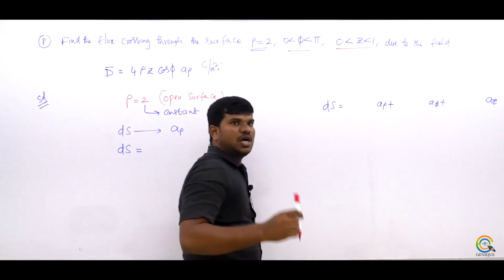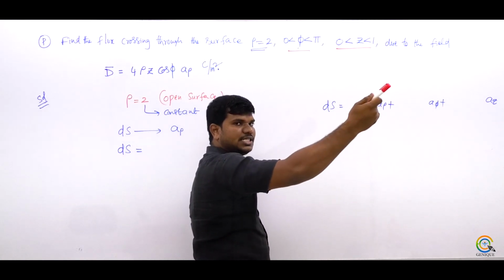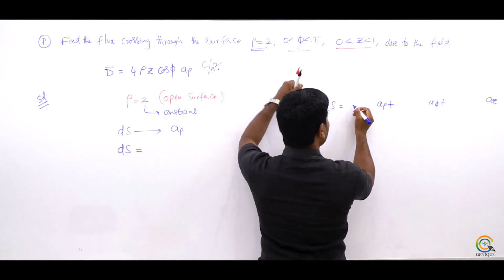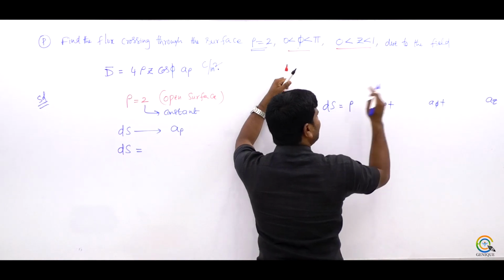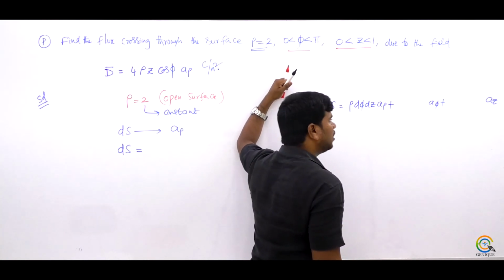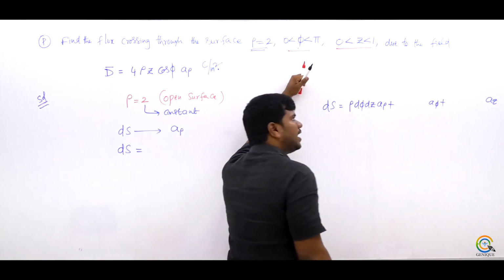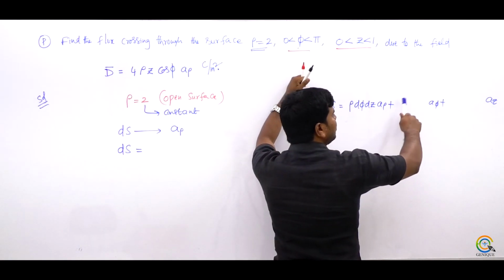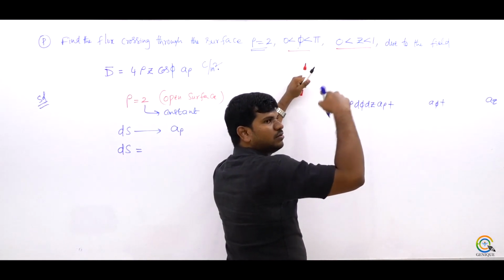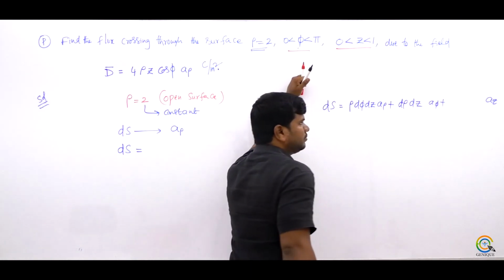In the direction of a rho, h2 h3 is rho into 1, and d phi dz. Next, in the phi direction, h1 h3 is 1 into 1, and d rho dz a phi.